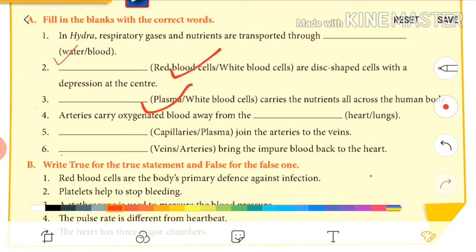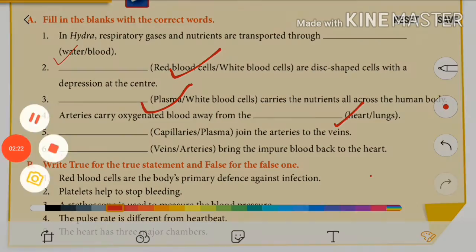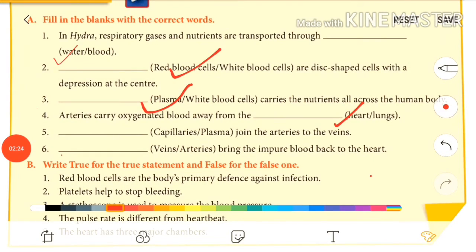Now fourth one, arteries carry oxygenated blood away from the, it is called the heart. Fifth one, it joins the arteries to the veins, so it is capillaries.